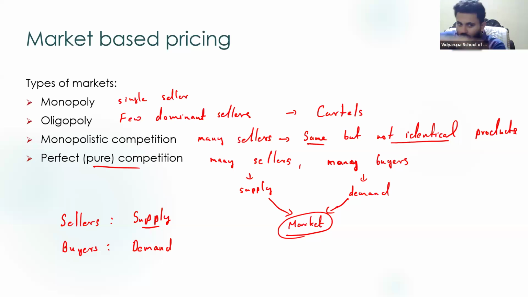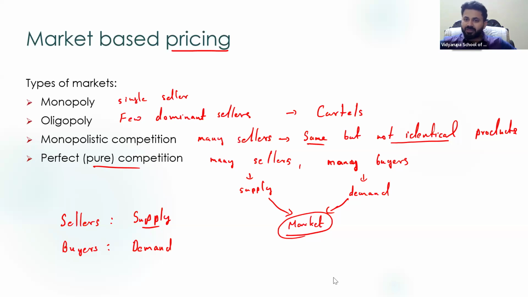Remember, we learn all of this primarily from a pricing perspective. The question we need to understand is whether we can control the pricing, whether you're operating in a monopoly, an oligopoly, monopolistic or pure competition. In a monopoly, we can.